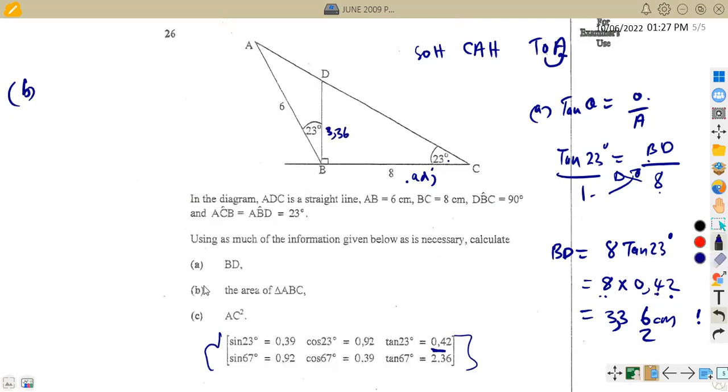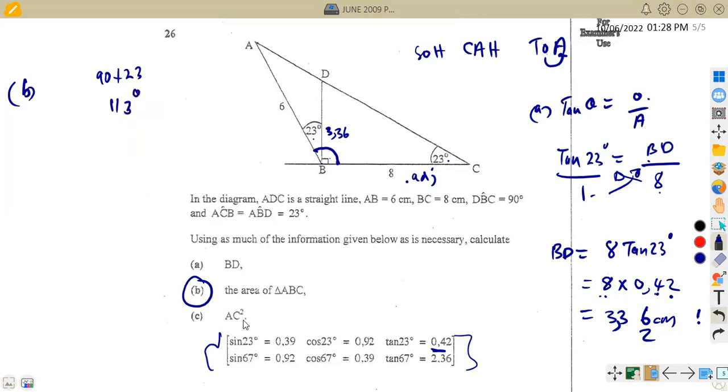We got it as 3.36. Okay. The area of triangle ABC, that's A to B to C, which means we are referring to the whole of this triangle that we have here. It's a non-right angle triangle, because if you add this angle, it's 90 plus 23, that's 113.